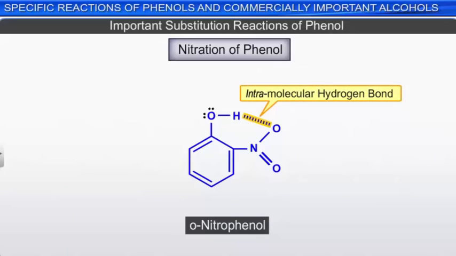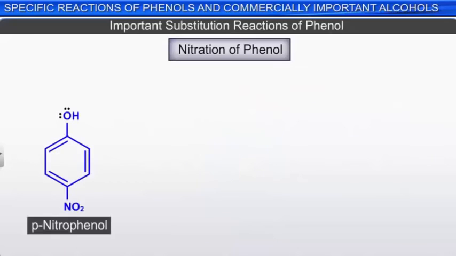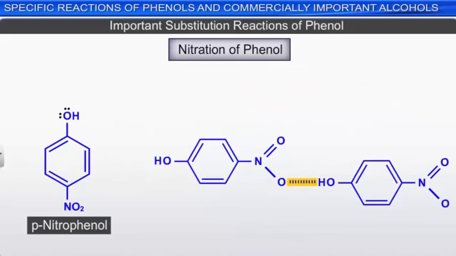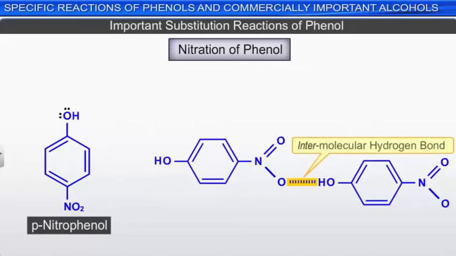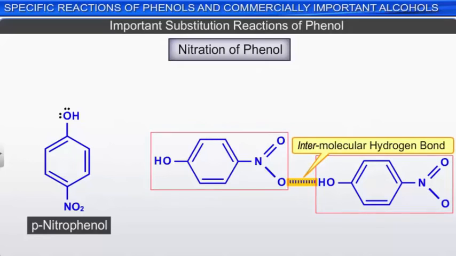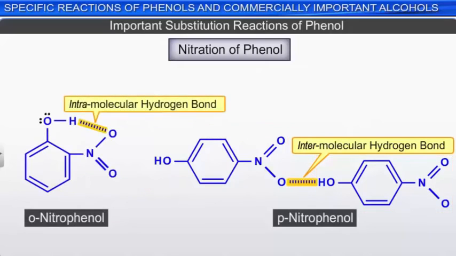The para isomer can participate in hydrogen bonds between molecules. The intermolecular hydrogen bonds hold the para nitrophenol molecules together. The different hydrogen bond arrangements have important effects on the physical properties.